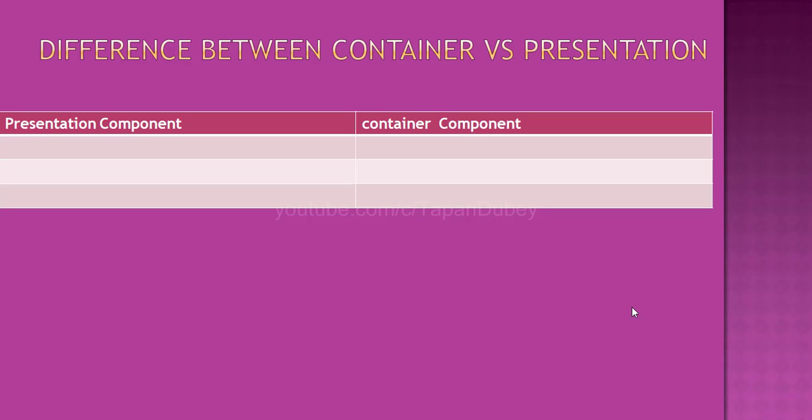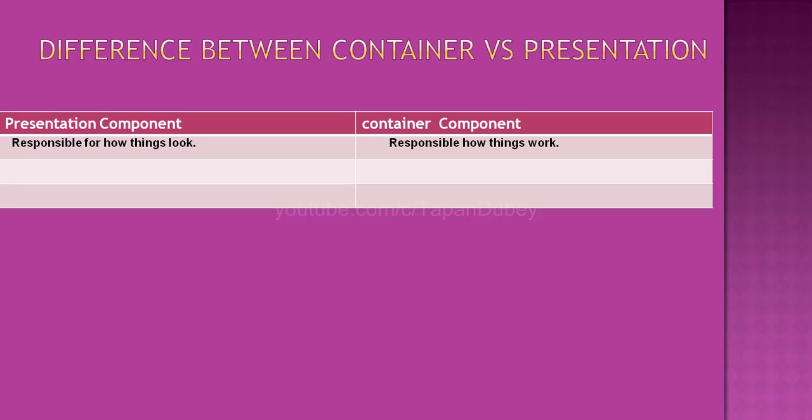Now let's understand the difference between container and presentation component. Number one difference is that the presentation component is responsible for how things look. So, for example, if you have one form which contains multiple text boxes, drop downs, etc., all that HTML markup we will have in the presentation component, and our container component will be responsible for how things work.